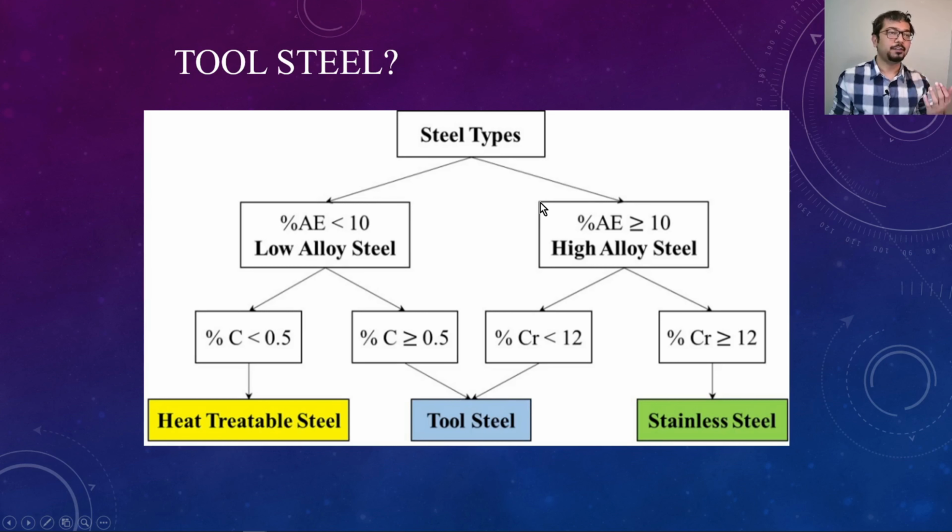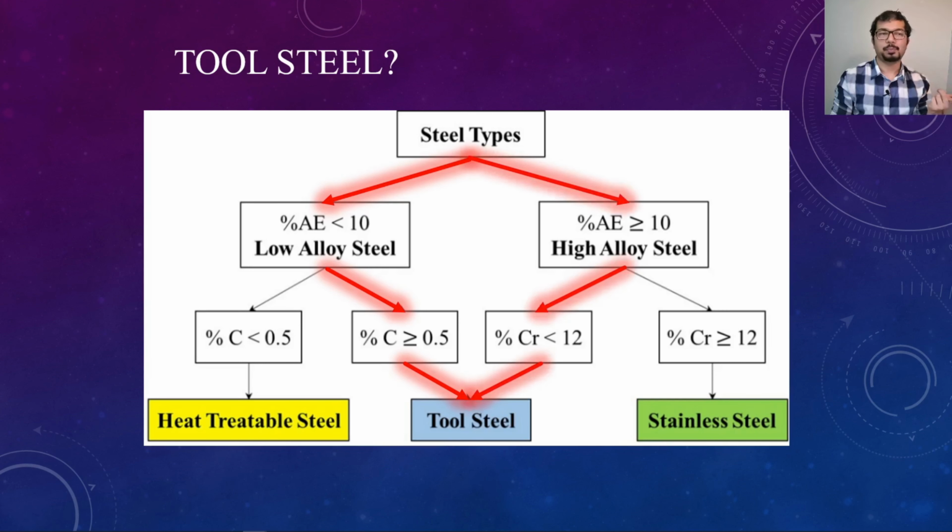Alternatively, if it's a high alloy steel, then it can also become a tool steel by reducing the chromium content to less than 12%. So if it's a high alloy steel and the chromium content is less than 12, it can be a tool steel. So it can take this path, or it can take this path, either of them. So there's an OR statement inside this.